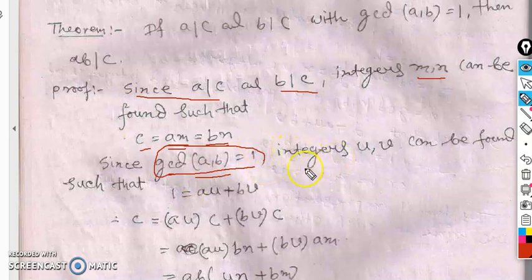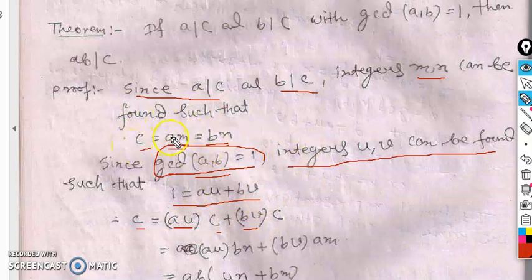That means according to the theorem of GCD, you can find two integers u and v such that 1 can be written as the linear combination of a and b, that is au plus bv. Clear? So first we multiply with c, and it becomes auc plus bvc.